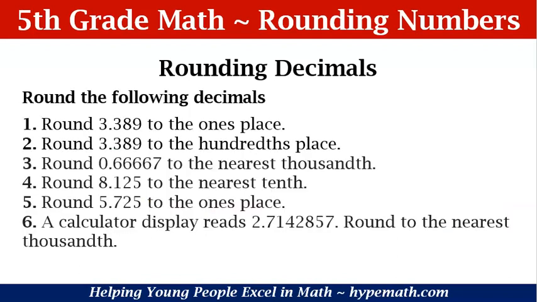Let's look at some more examples. Number 1, we are going to round 3.389 to the ones place. 2, we are going to round 3.389 to the hundredths place. 3, we are going to round 0.66667 to the nearest thousandth. 4, we are going to round 8.125 to the nearest 10th place. 5, we are going to round 5.725 to the ones place.